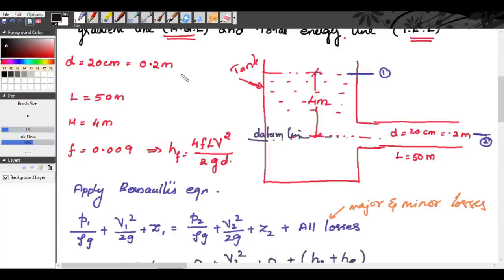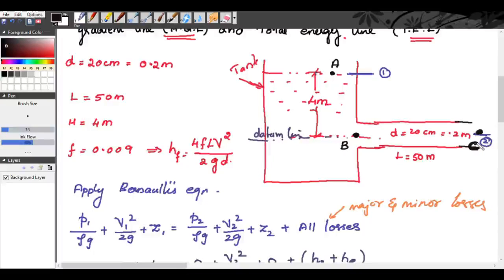Point A is considered at the free surface of water, point B at the inlet of the pipe, and point C at the outlet of the pipe.